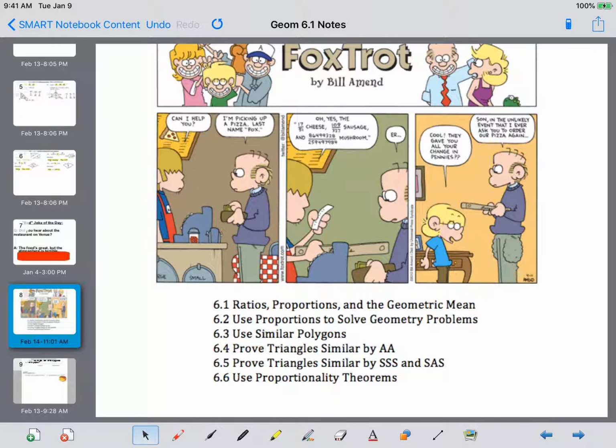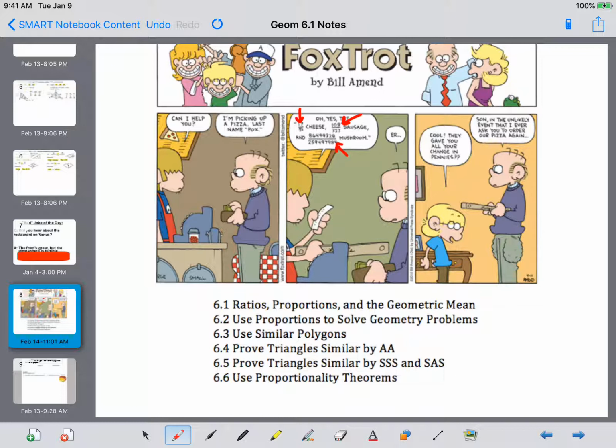Alright, anywho, here's just a quick rundown of what you're going to see in Chapter 6. There's a fun little Foxtrot comic here that deals with some ratios. So the son here is ordering a pizza and he's getting 17/31 cheese, 109/323 sausage, and whatever that fraction is as mushroom.